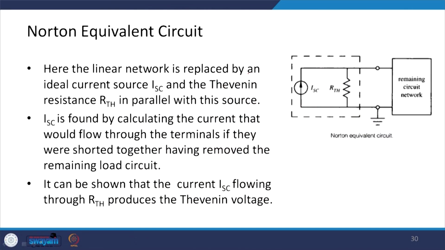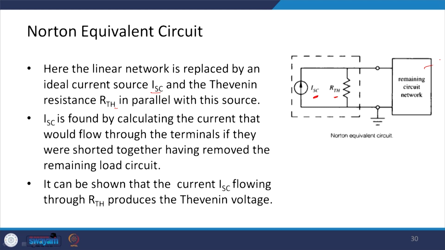Coming to the Norton equivalent circuit, here the linear network is replaced by an ideal current source and the Thevenin resistance in parallel with the source. Okay. So, here we can replace this. The Norton equivalent circuit will have the ideal current source and the Thevenin resistance in parallel with it, and here you will have the rest of the circuit.